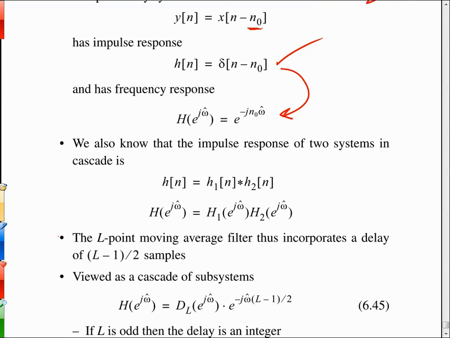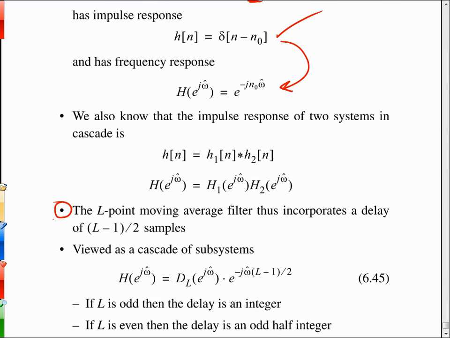So that's this bullet right down here. No accident, actually. Now, the delay is there, but the signal also gets attenuated by the amplitude response, the D sub L part. So the signal picked up an additional amplitude scale factor, but the waveform was shifted by exactly 4 samples.